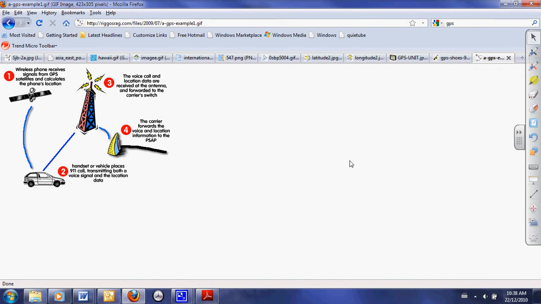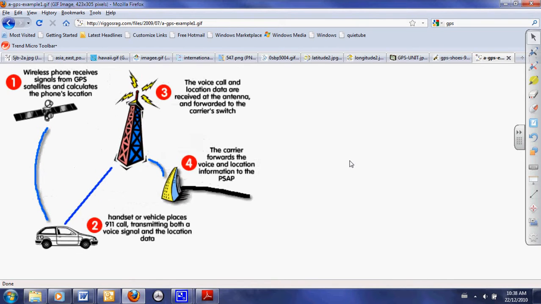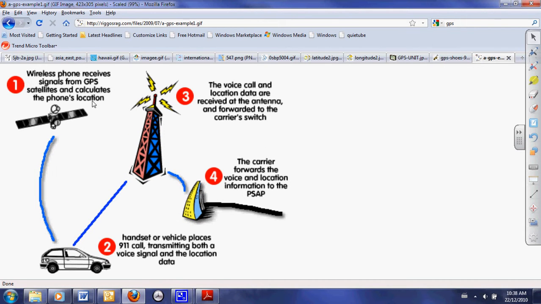Now, how does that GPS work? Well, this diagram explains it quite nicely. You have your satellite. It sends a signal to either your phone or your car. Like I know our car has GPS, and so does our truck. And it sends a signal from the satellite, or it receives a signal from the satellite.